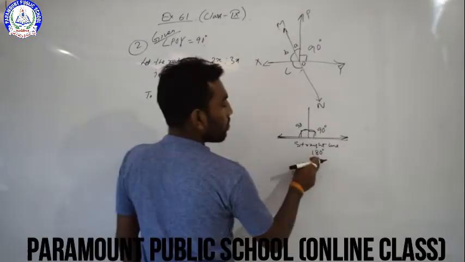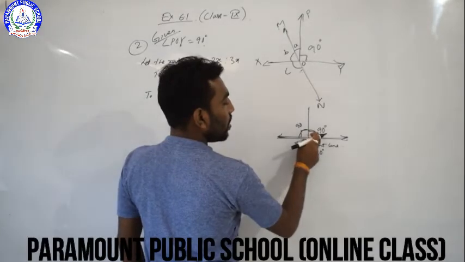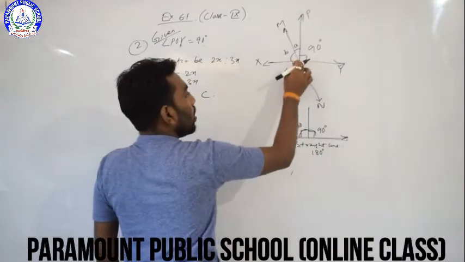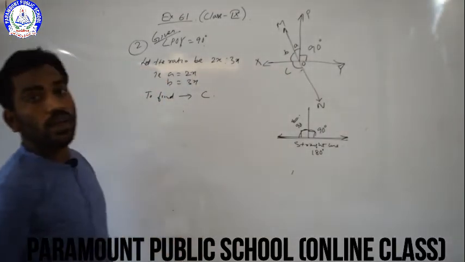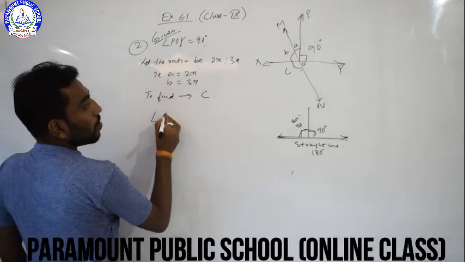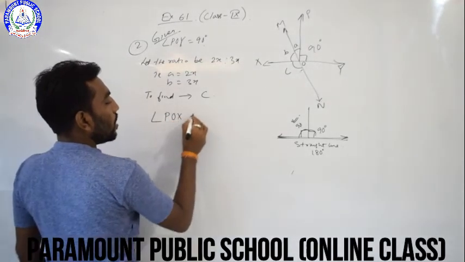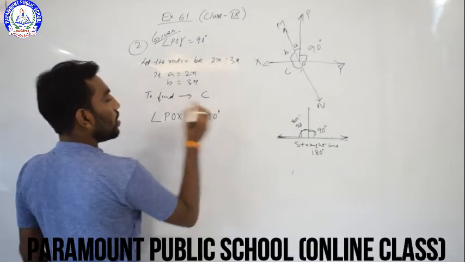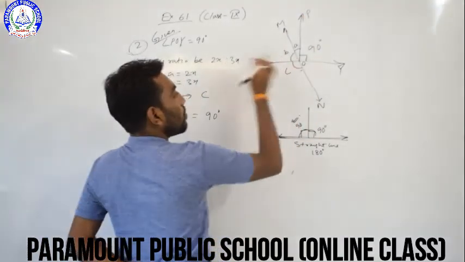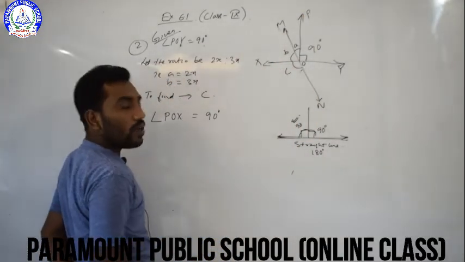So if I subtract this 90 from 180 degree, I will get 90 degree. So angle POX is equal to 90 degree. Correct, student?